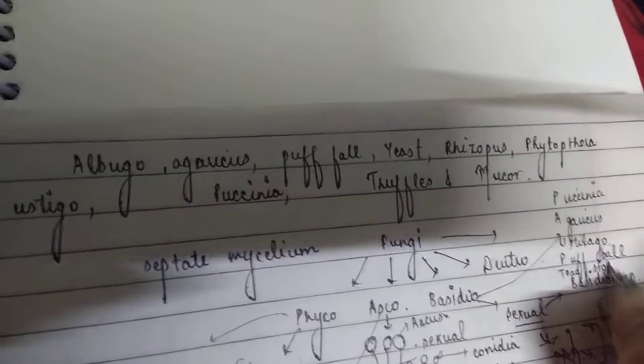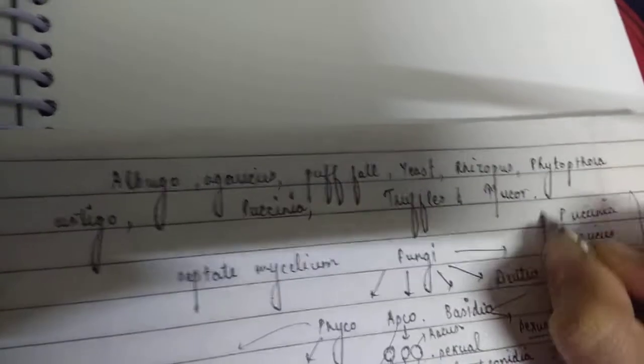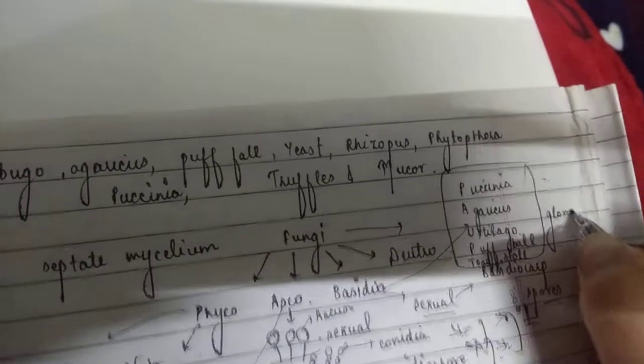These are the examples of the Basidiomycetes. And Basidiomycetes also include the genus Glomus. We have to learn this.